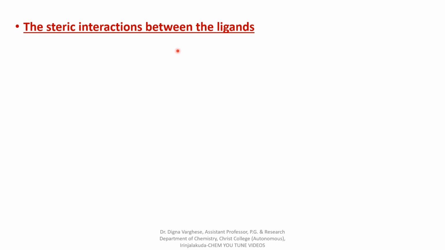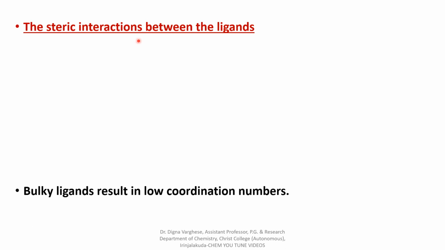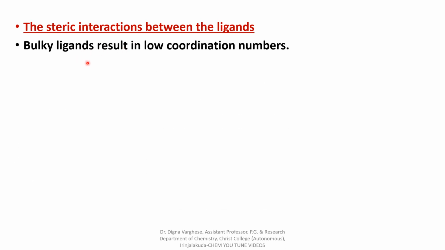Second condition, whether the metal ion favors low coordination number or high coordination number, is the steric interactions between the ligands. Bulky ligands result in low coordination numbers. If the ligand is bulkier, that means high steric interaction.